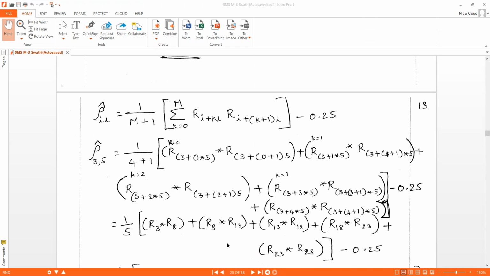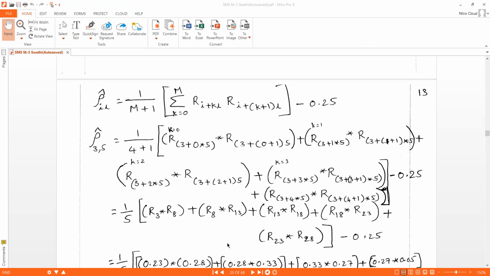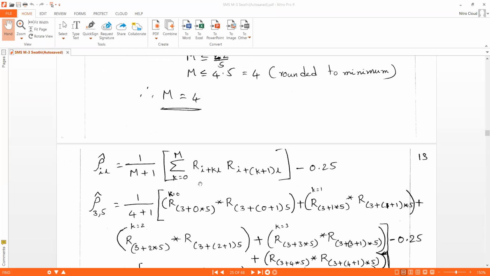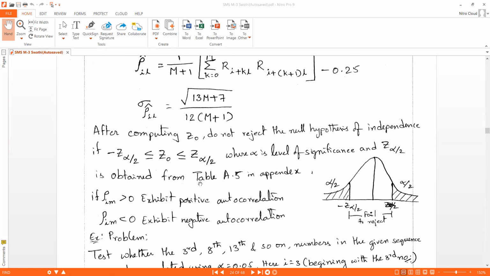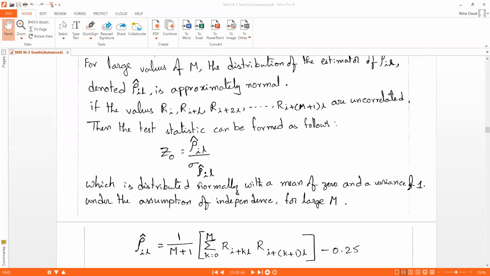Now if you know the m value, we can substitute the values in the autocorrelation test. How do we do the autocorrelation test? First we will find the rho IL cap value. We have discussed that.